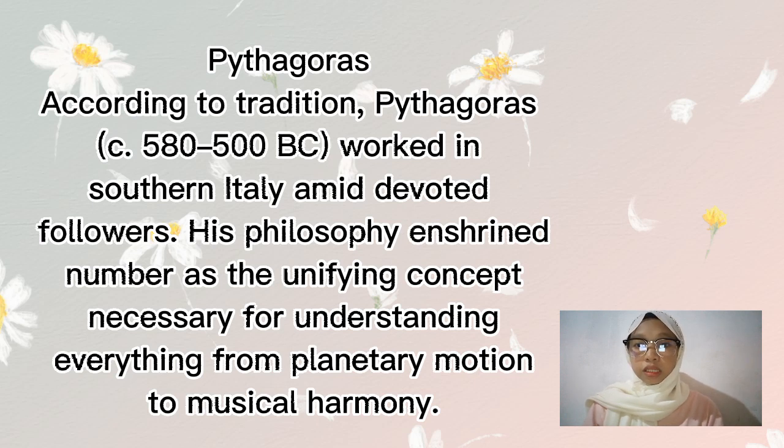For instance, they attached significance to perfect numbers, those that equal the sum of their proper divisors. Examples are 6, whose proper divisors 1, 2, and 3 sum to 6, and 28, which is 1 plus 2 plus 4 plus 7 plus 14.